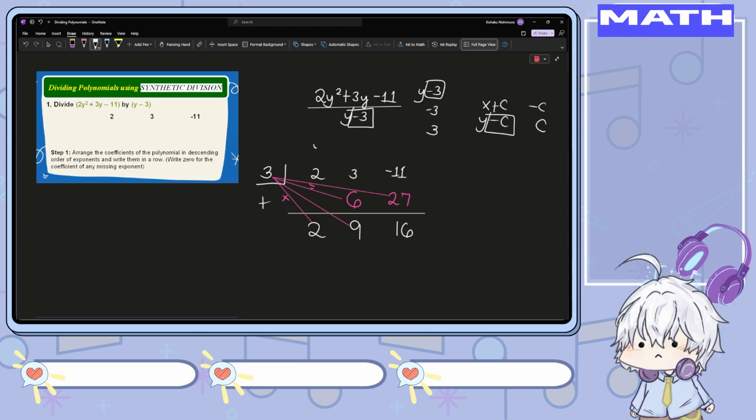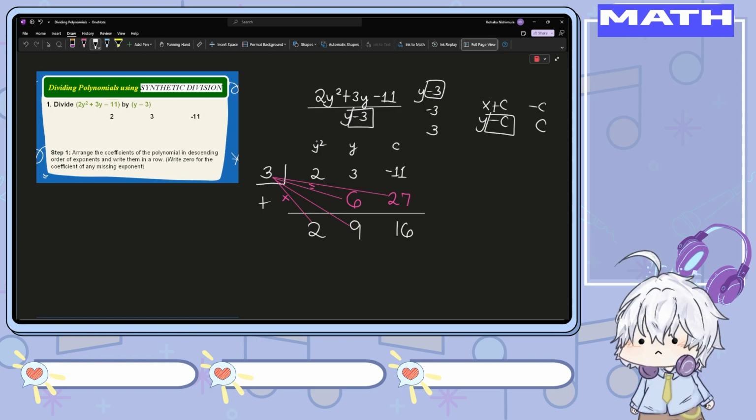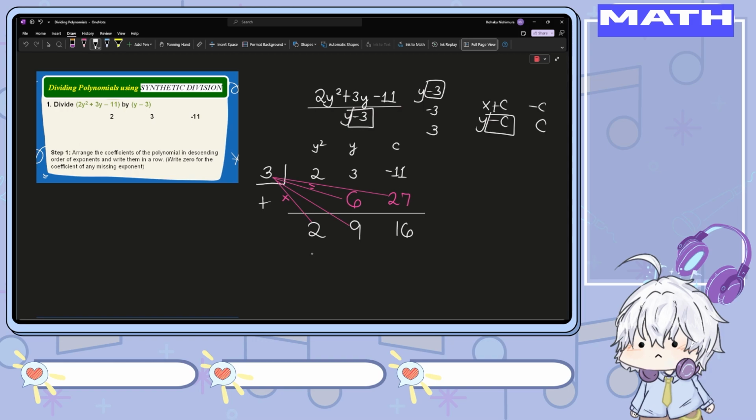Remember, earlier we wrote this as y squared, y, and the constant. Whatever is below now corresponds to the next one. What do I mean by the next one? We now correspond to y, the constant, and last but certainly not least, the remainder.